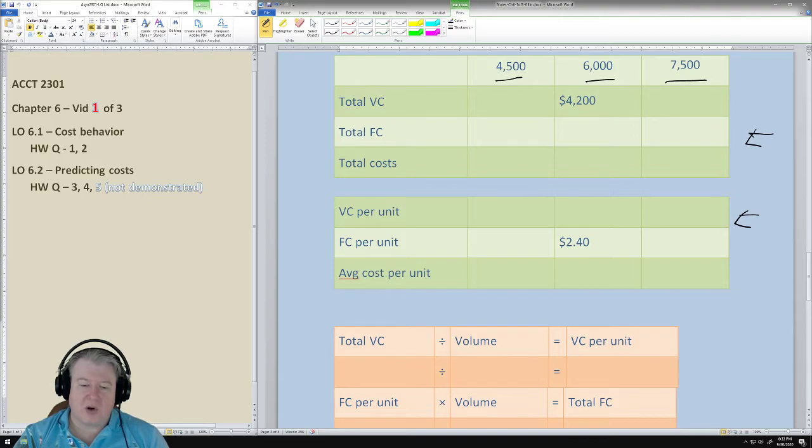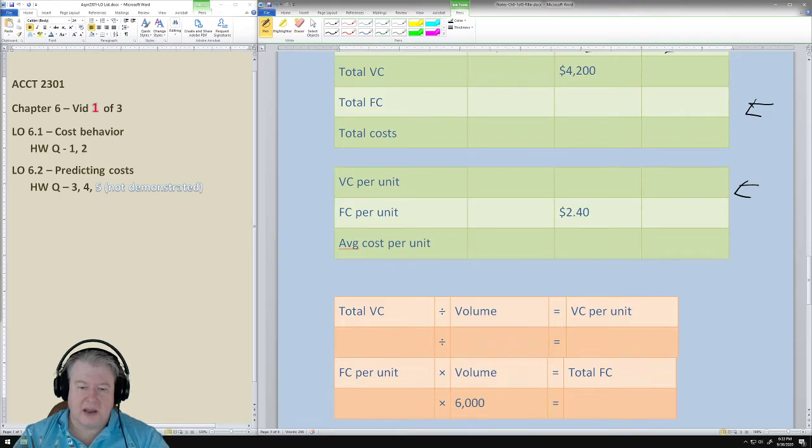So the total variable cost, well, let's see, we can do it a couple of different ways. Fixed cost per unit, I guess I had it set up to do it this way first. And that comes to, let me get my cheat sheet up, comes to 14,400.